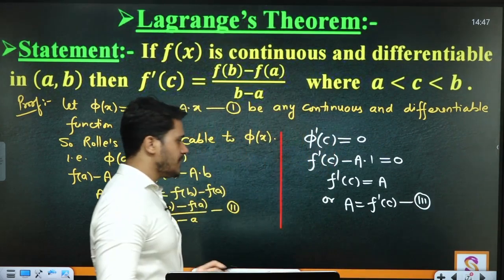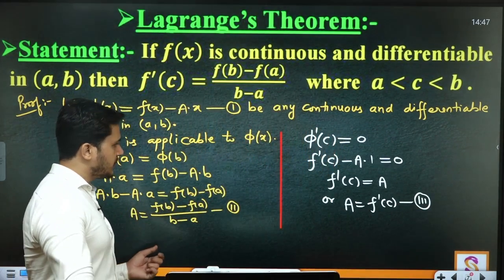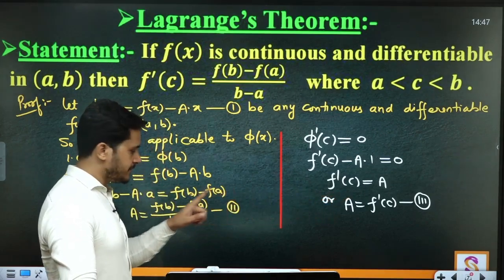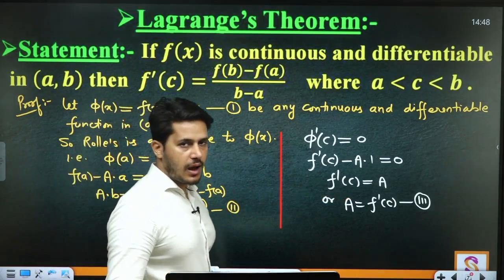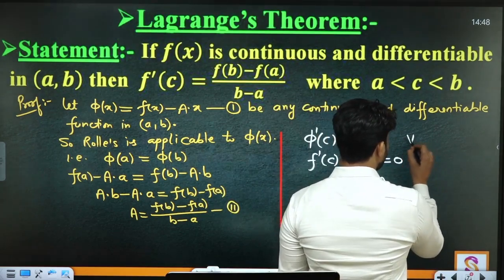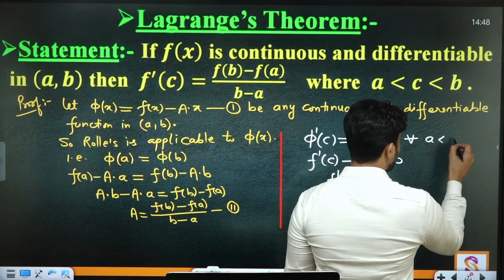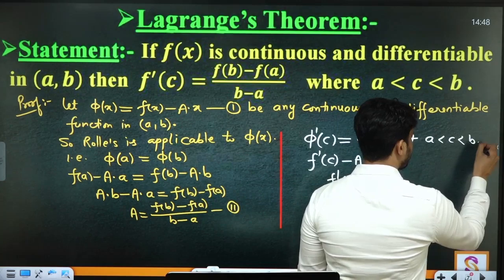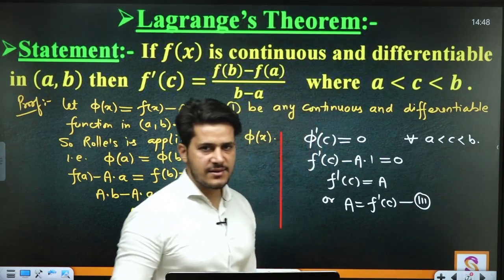And now you can see that both the value equation 3 and equation 2 are equivalent. One more important thing here, that c lies between a and b, a less than c less than b.